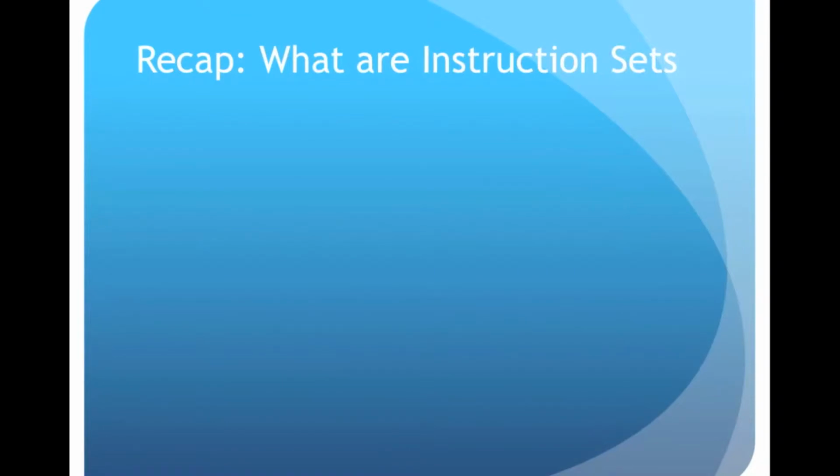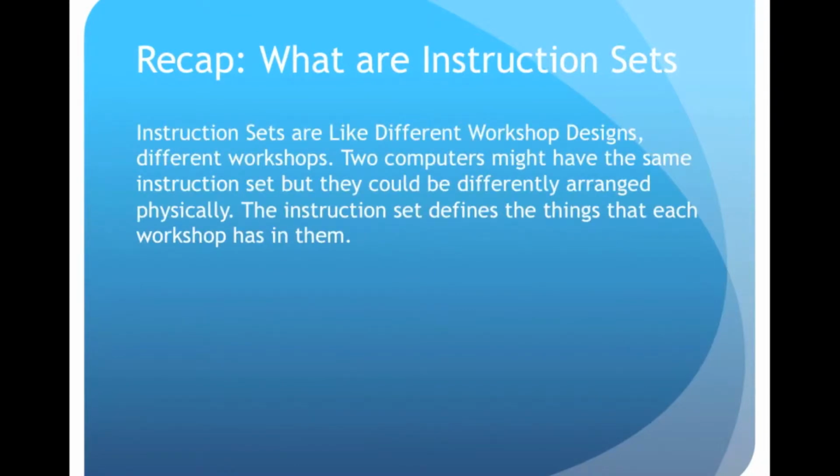So first of all, I've actually already sort of been over instruction sets, but they're basically like the different workshop designs. One workshop might have different things that another workshop might not have. For instance, two computers that have the same instruction set are actually pretty much the exact same thing, other than a few functional things. One might have a faster clock speed and stuff like that.